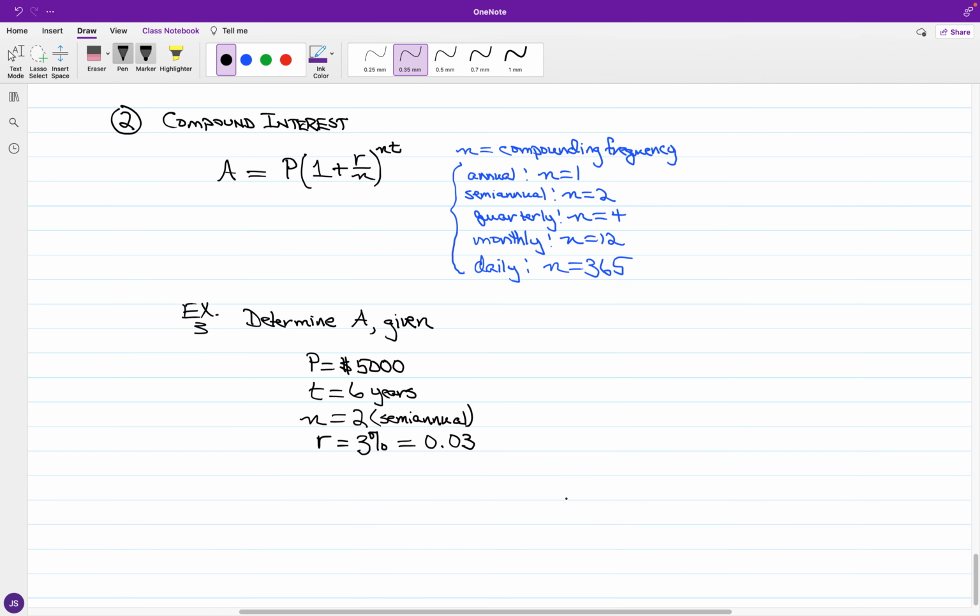Okay, so working with the compound interest, where interest is compounded semi-annually. Okay, so you got for P, again we have $5,000.